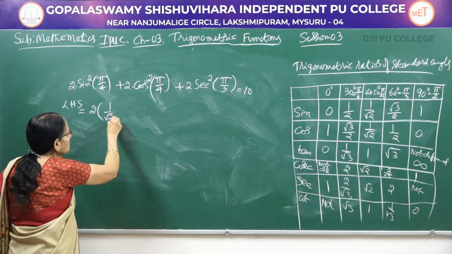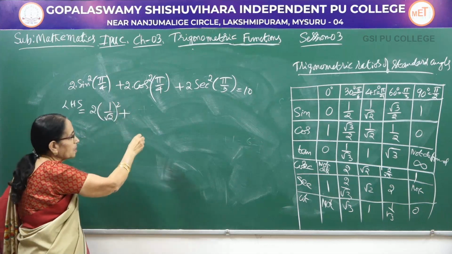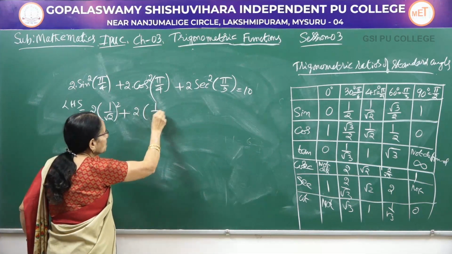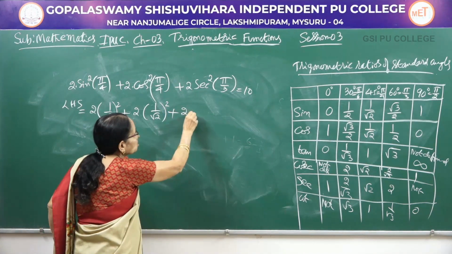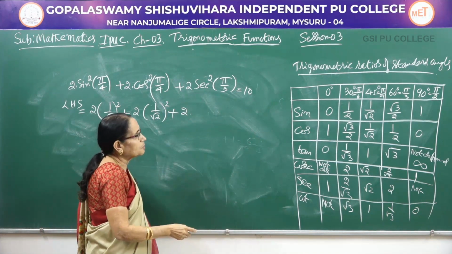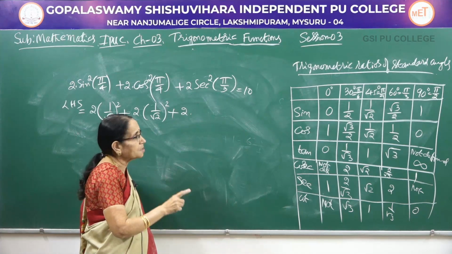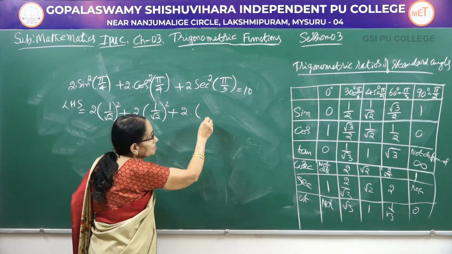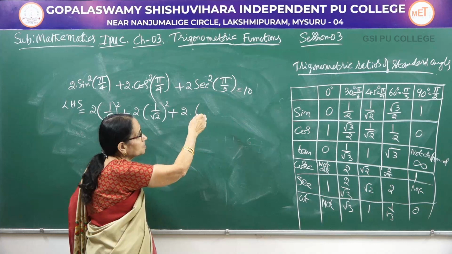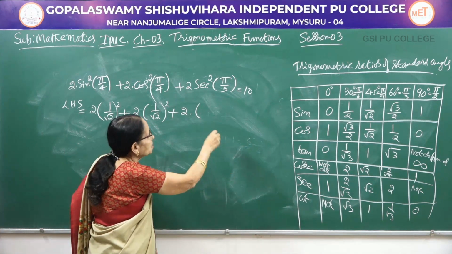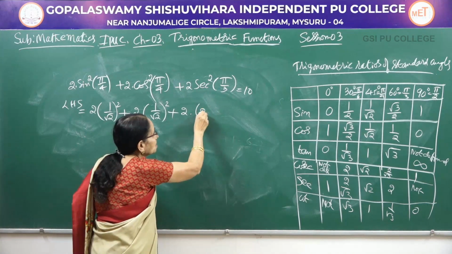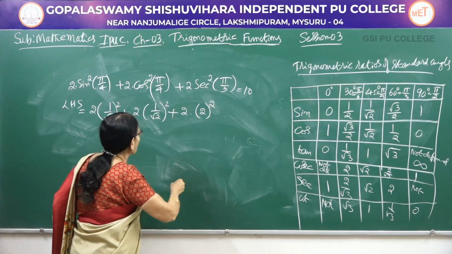So it is 1 by root 2 the whole square, plus cos 45 means 1 by root 2 the whole square, plus 2 into secant square pi by 3. Pi by 3 means 60 degrees. Secant 60 is the reciprocal of cos 60, that is 2. So 2 square.